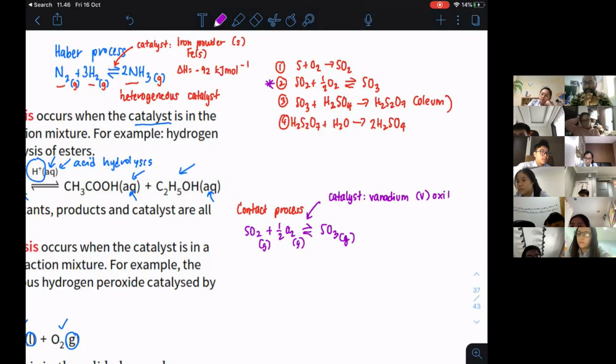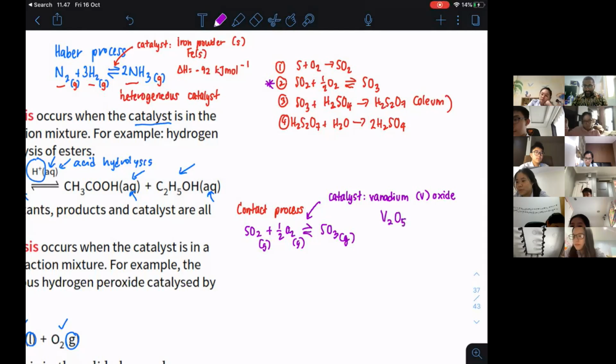So that is vanadium 5 oxide. Jason, can you put it down as a formula? How do you write vanadium 5 oxide? V2O5. Yes.